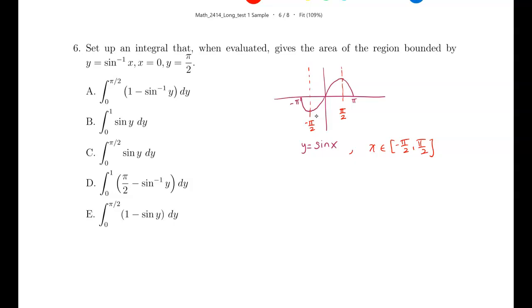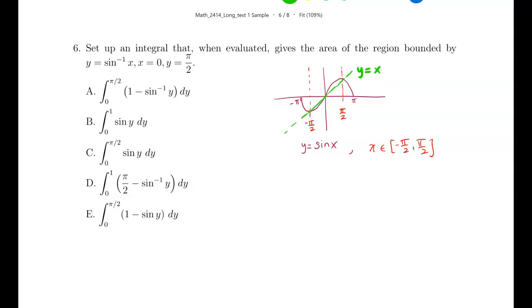Now, to get the graph of the sine inverse, you remember, to get the graph of the inverse of a function, you just have to reflect it along the line y equals x.